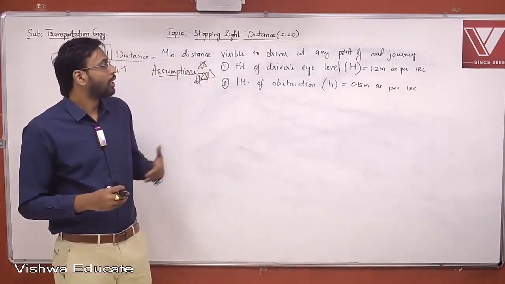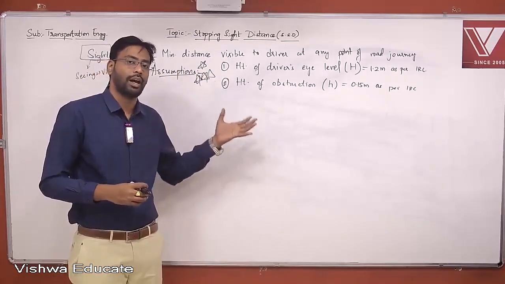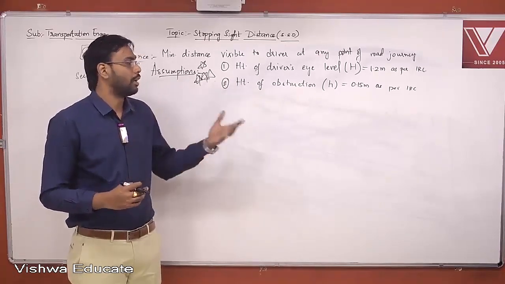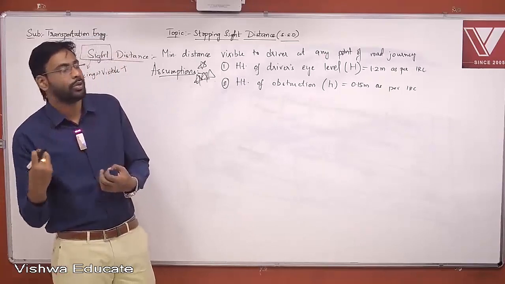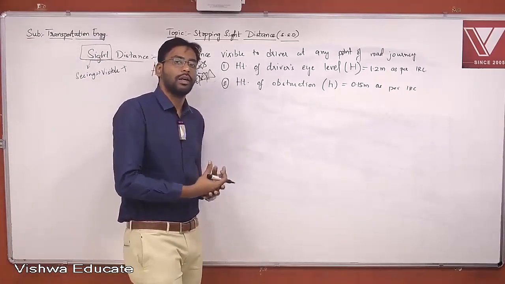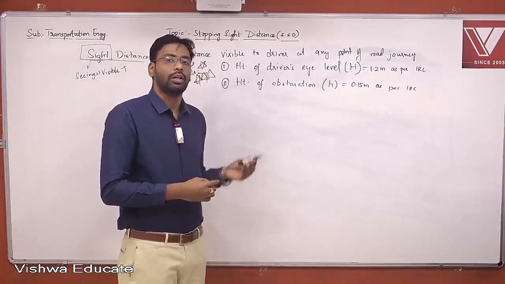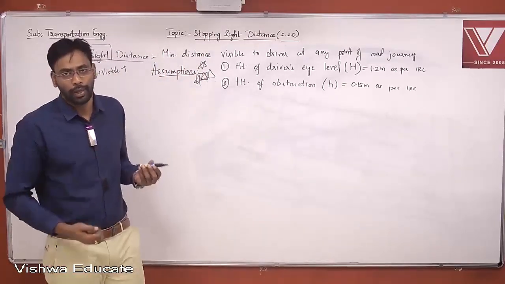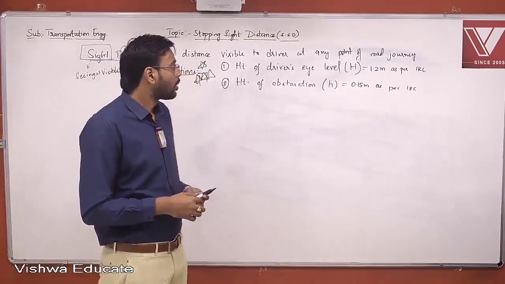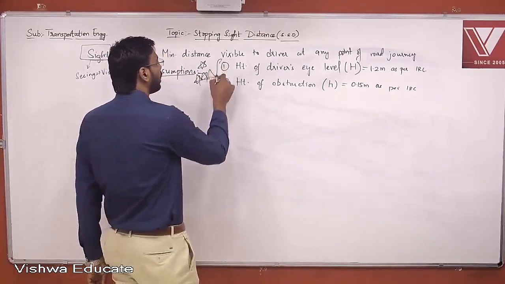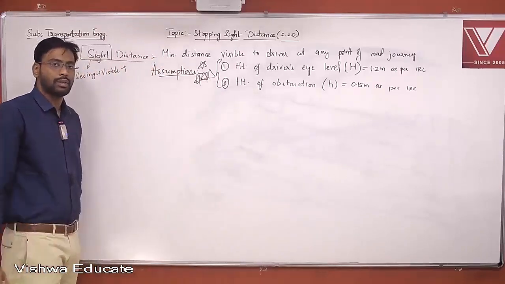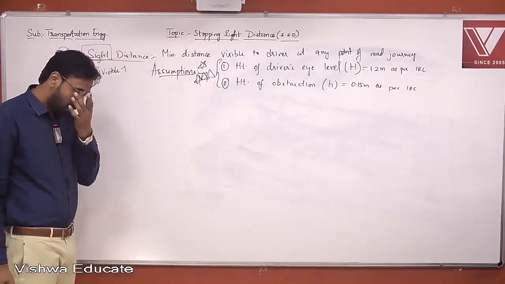So any object more than 15 centimeters on the road will be an obstruction, and you need to apply a brake for that, right? So these two are very important 1 mark bits that were asked in most of the exams.